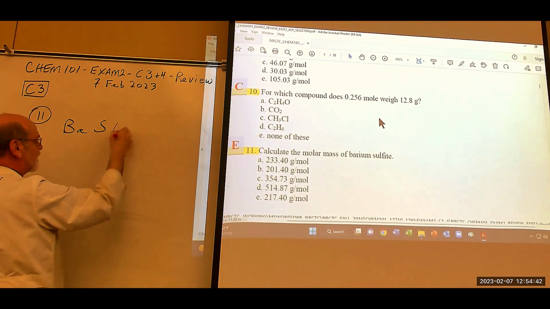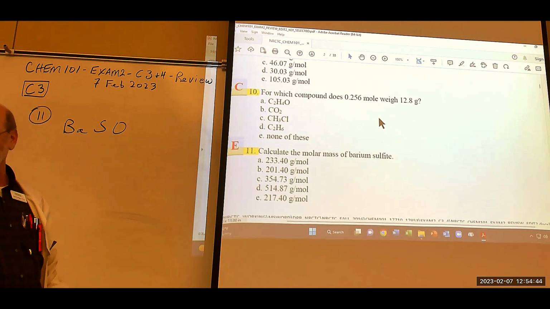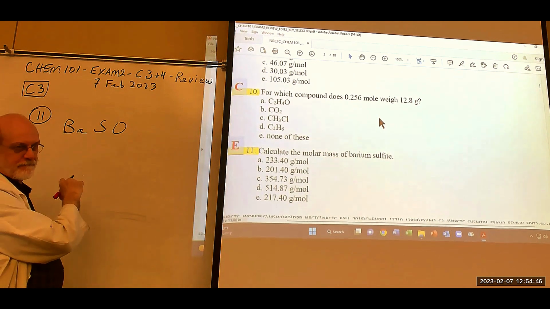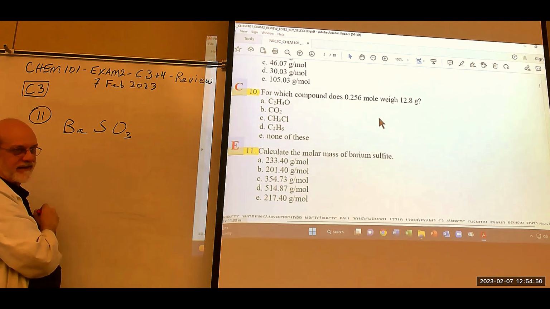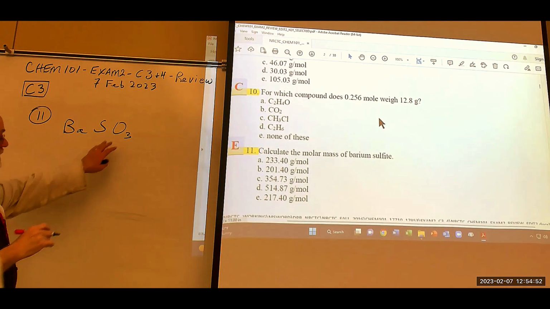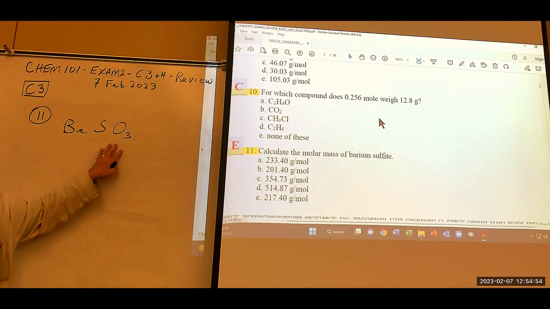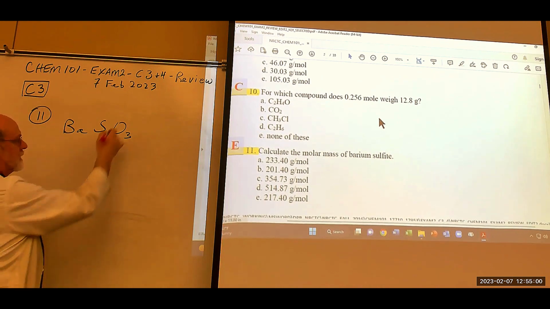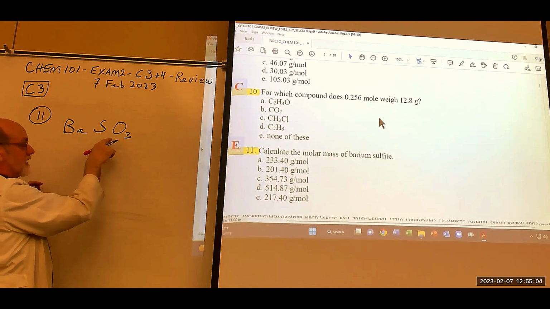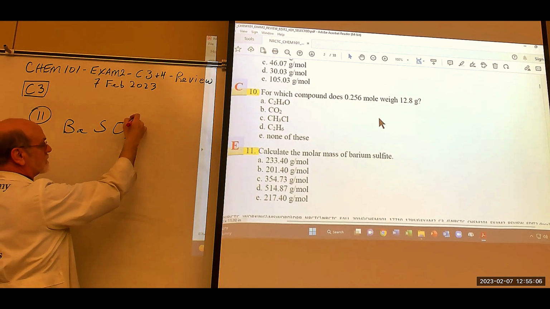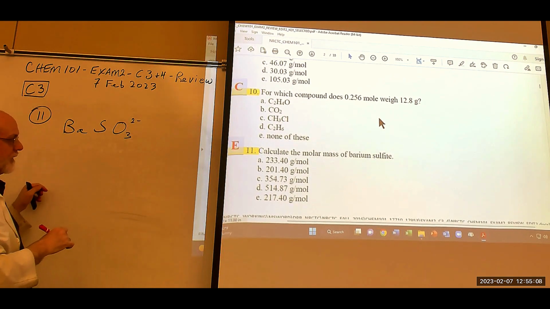Yeah. How many of them? 2? That's sulfur dioxide. Try 3. Okay, that's a polyatomic ion, right? And you will have access to the list of polyatomics, but it's in the brain every now and then. This has a charge of 2 minus.